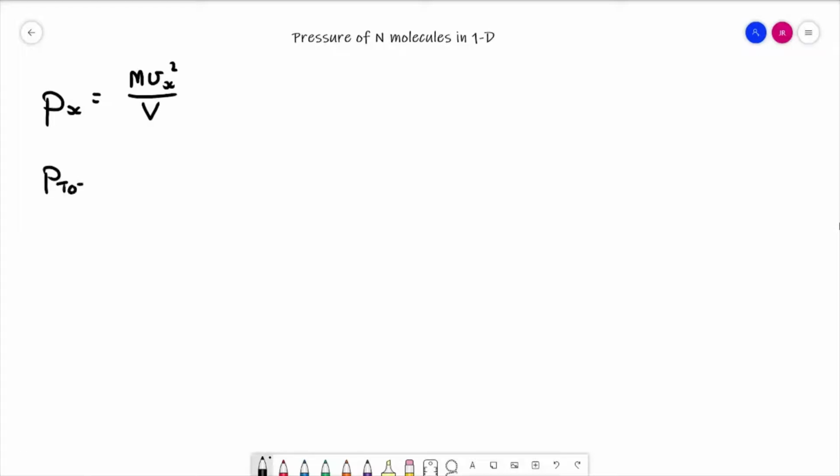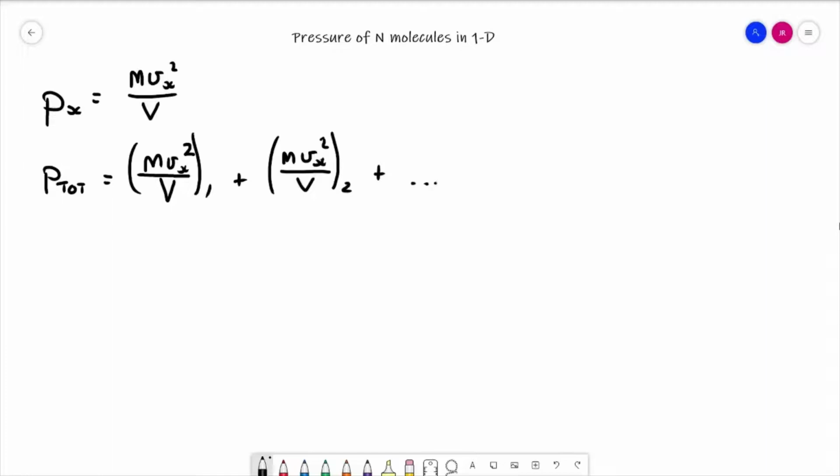So the total pressure will be mVx squared over V for molecule 1, and we'll add to that mVx squared over V for molecule 2, plus obviously all the other ones all the way up to mVx squared over V for the nth molecule.